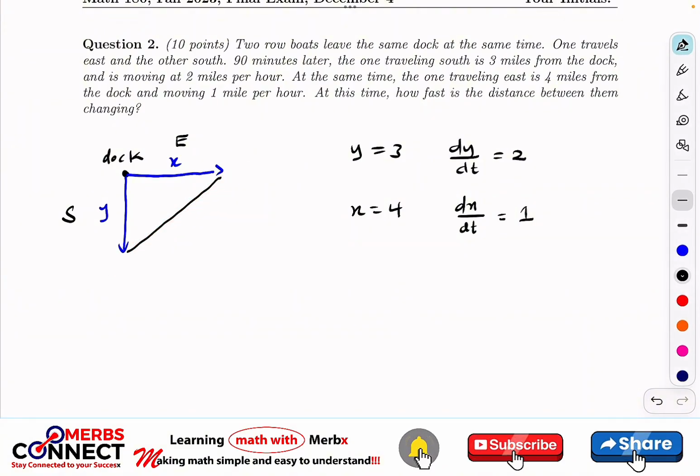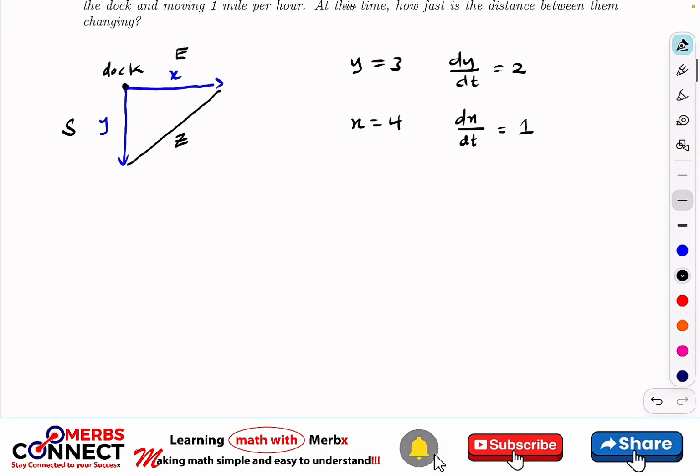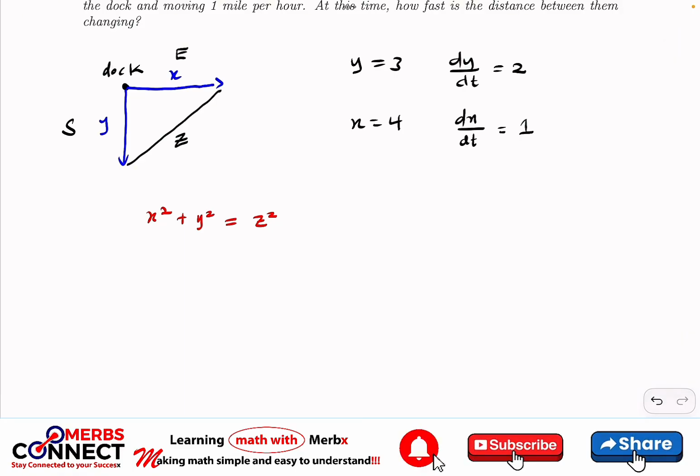So now let's assume that the distance between them is equal to z. It means that here we need to use the Pythagoras theorem. So we are going to have x squared plus y squared is equal to z squared. Now we can find z, because we know y and we know x.